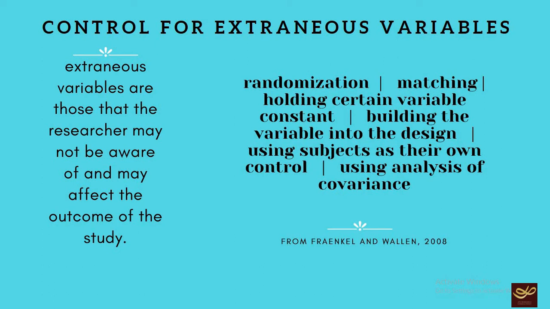Another way of controlling for extraneous variables is by holding certain variables constant. So let's go back to our example, sex being a factor that affects the outcome. If you want to control for it, you can just focus on one particular sex, let's say male.